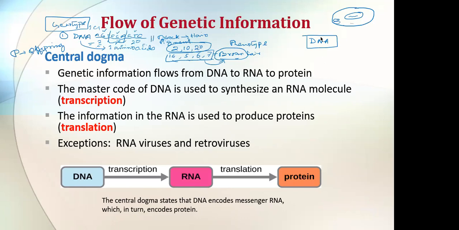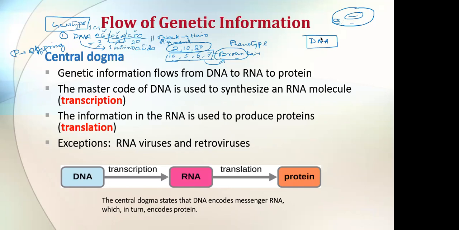So how will this information come to the ribosome? To bring that information all the way to the ribosome, DNA would have to come out of the nucleus. And that's very dangerous, because it can lose the end part, the tail part of the chromosomes. It can be broken.